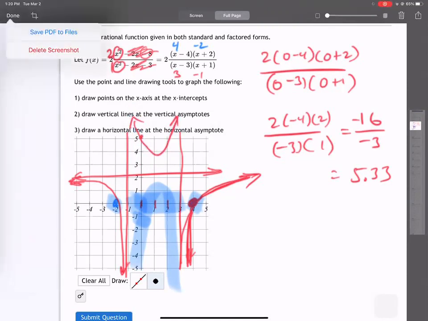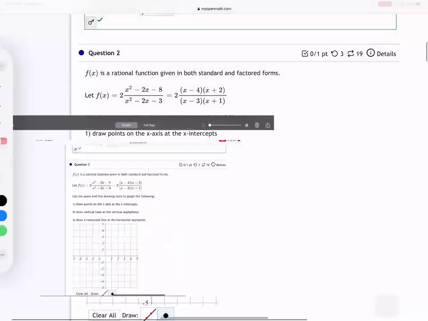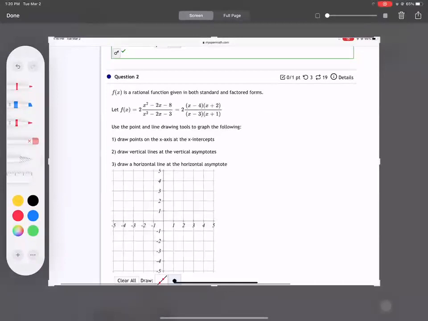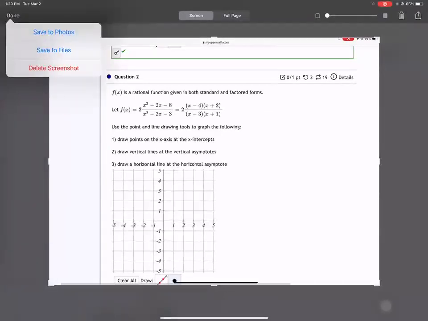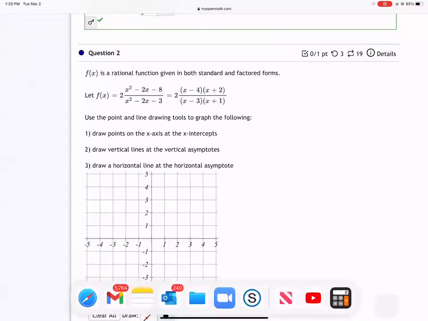Now I'm going to go ahead and just graph this for us just to prove a point.